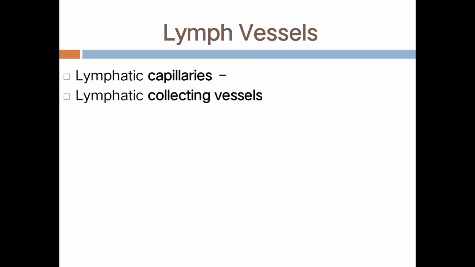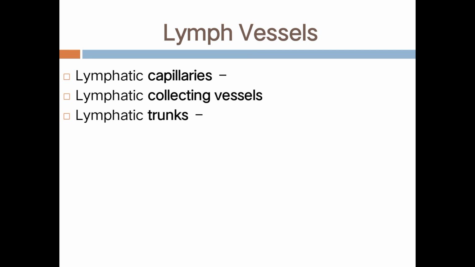Lymph capillaries are found between cells in the interstitial space. These capillaries are in the tissues of every organ in your body except for your avascular tissues, meaning body tissues without blood vessels.